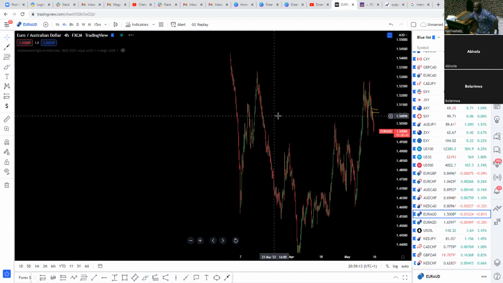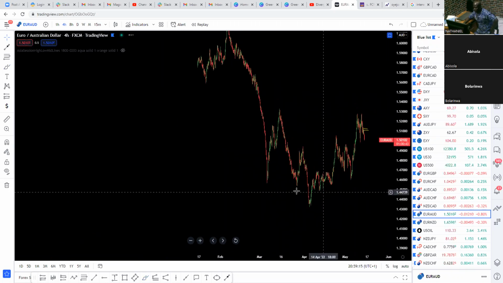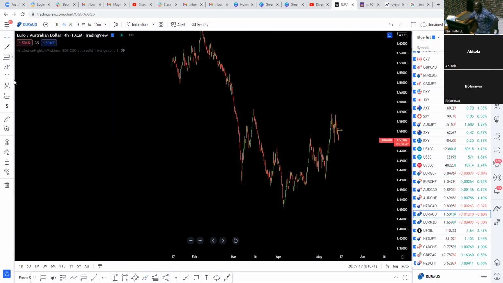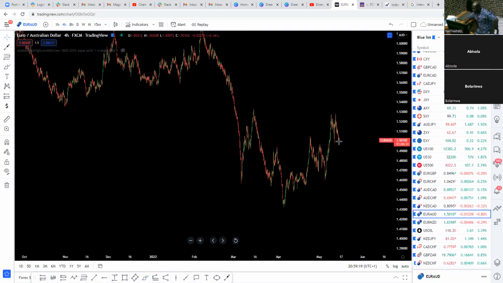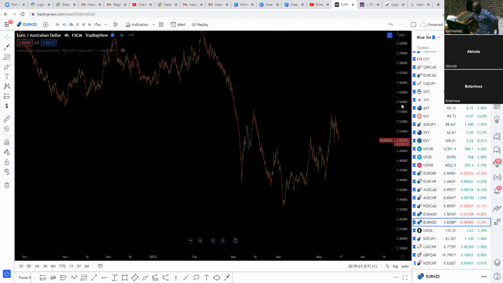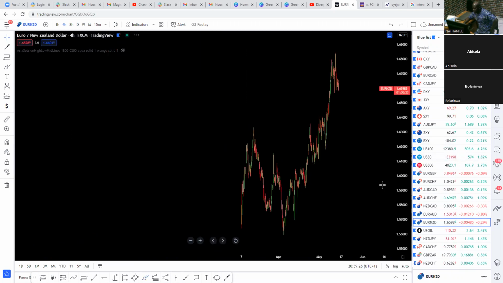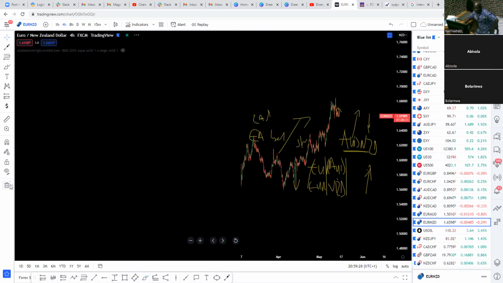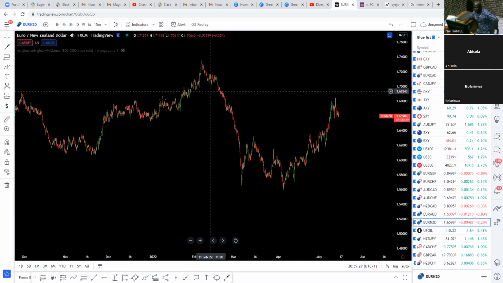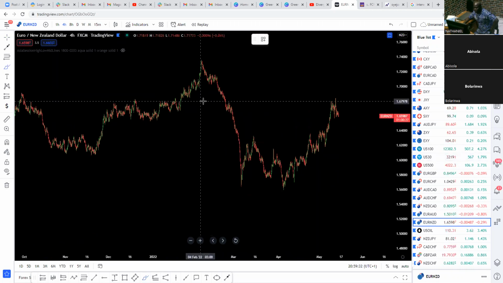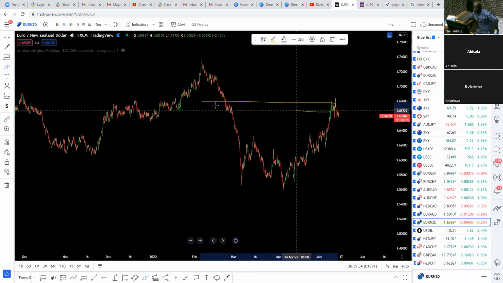So now what are we expecting by next week? What we are expecting is simple. On Euro, I've already discussed Euro NZD and Euro AUD. For Euro NZD, we have already fulfilled the structural requirement by getting to 61.8.